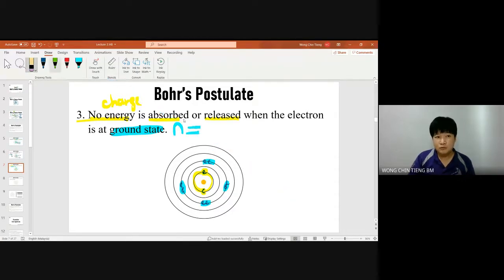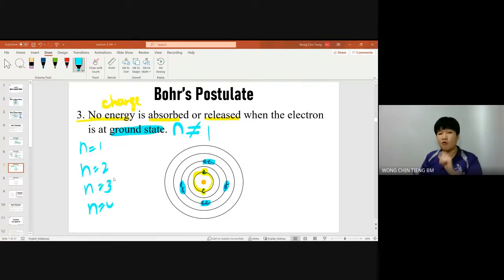Boleh jadi 1, tapi tak semestinya 1. Your ground state means n can be 1, n can be 2, n can be 3, n can be 4, depending on the energy of the electron. Every electron has a fixed energy.